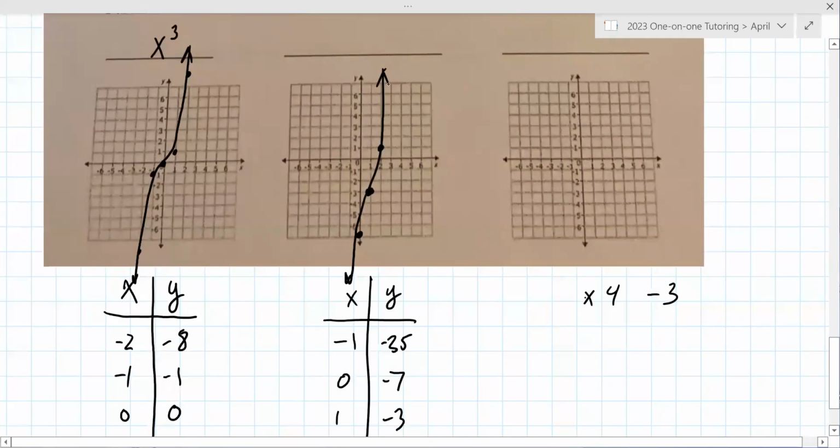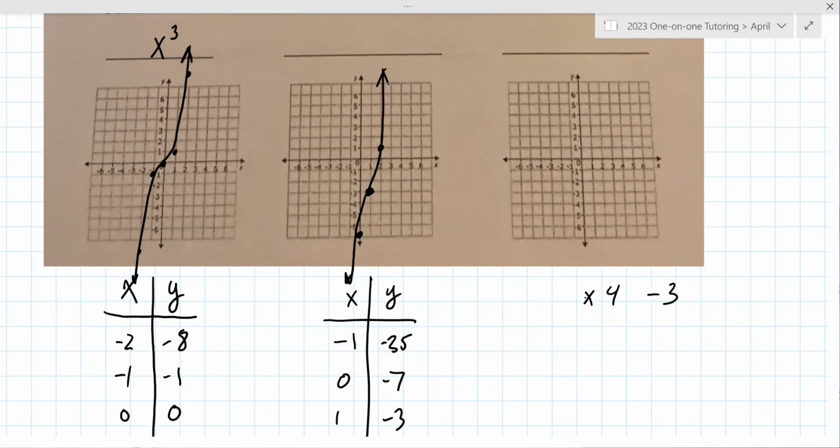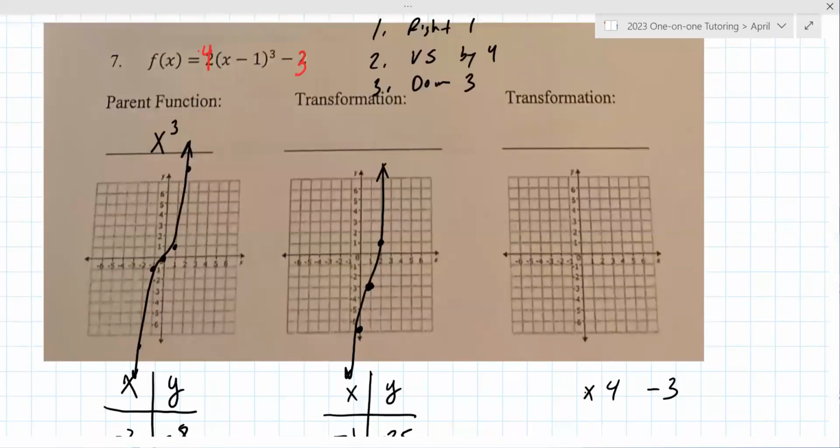But this is not a good example. It's kind of a wonky thing. But what I sense is that you're understanding how to get the new x and y pairs from the graph here. And now we can go and do some of the more difficult ones with worse transformations.